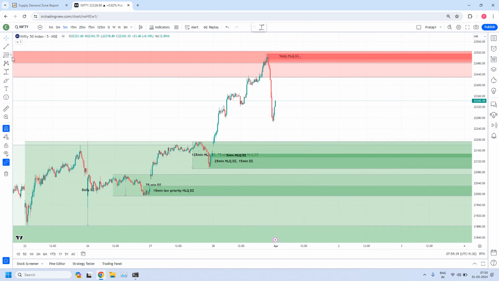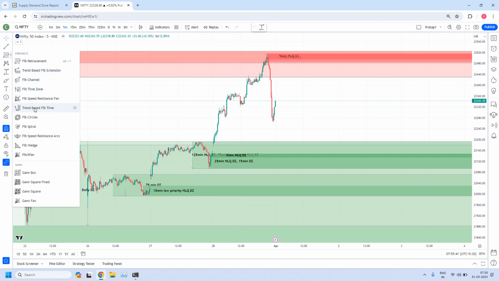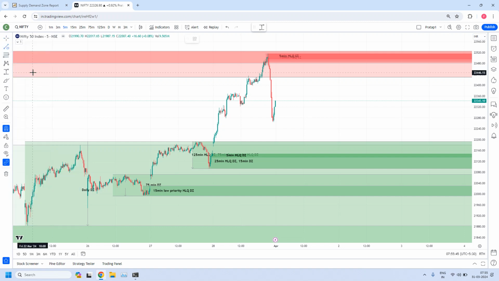The support and resistance levels. Between support and resistance, I am drawing the zone range using info line. This could be the first range.